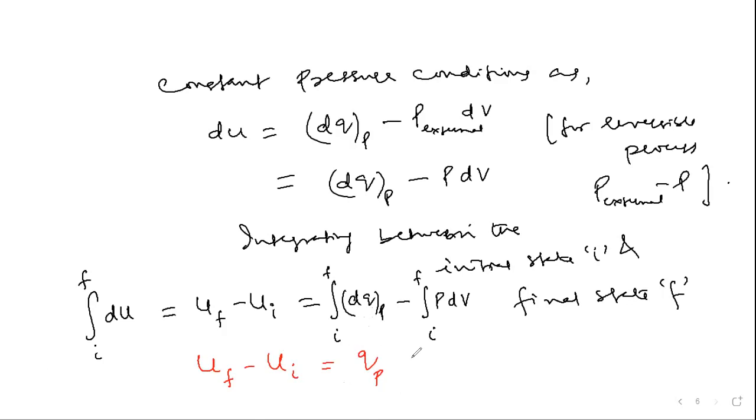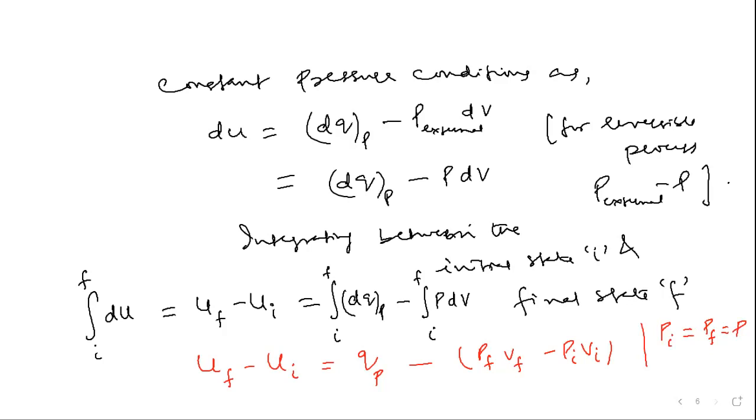The work is simply PF VF minus PI VI, and since in this case pressure is constant, PI is equal to PF is equal to P.